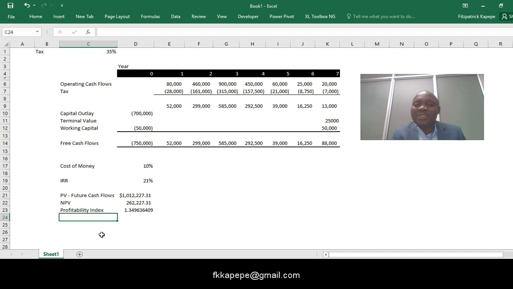Similarly, you can ignore profitability index and look at NPV and pick the one that extracts a higher NPV. So you can still do all these metrics, but it doesn't really mean anything unless you pick one of the two.